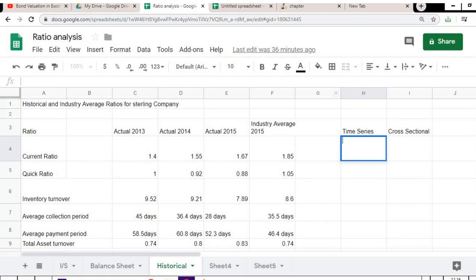Comparisons of current to past performance using ratios enables analysts to assess the firm's progression. As you can see, 2013, 2014, and 2015.